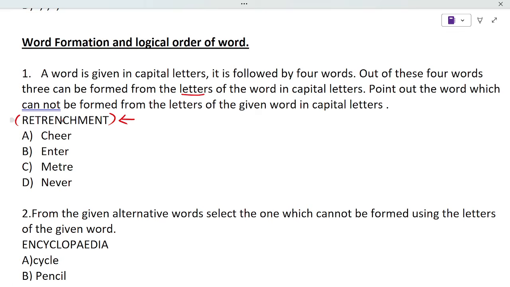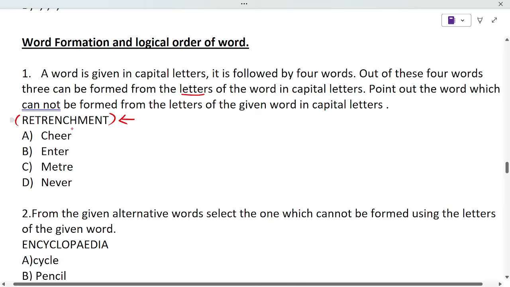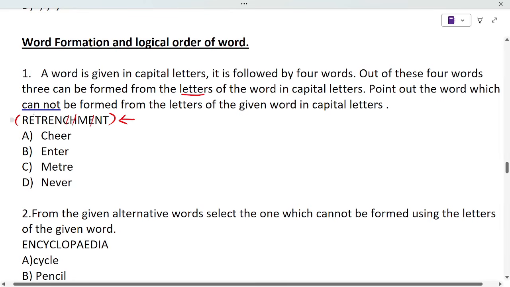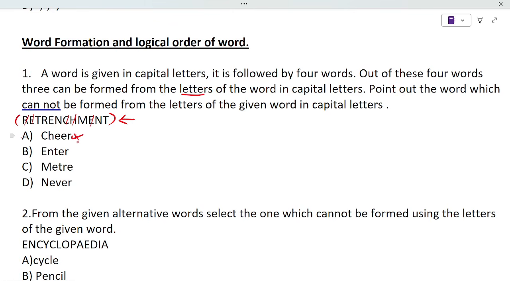So here we have RETRENCHMENT. Take CHEER. C is there, H is there, EER. It is there, so this is not the answer. Now remember this one. In RETRENCHMENT, E appears 1, 2 and 3 times.